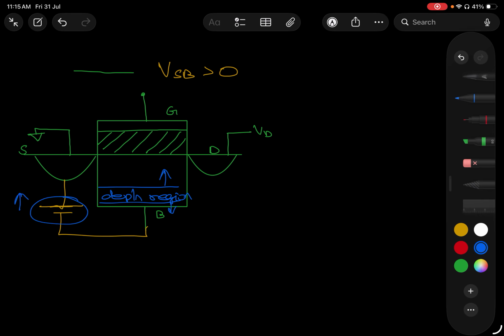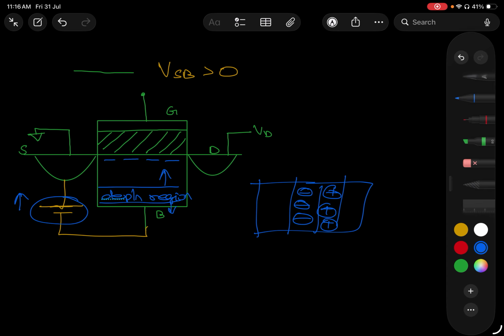Inside the depletion region, as in a PN junction, there will be ions, Na or Nd ions. These won't contribute to the channel formation. The channel formation is due to the electrons in the case of an N-channel MOSFET, but since these are ions, they won't contribute.